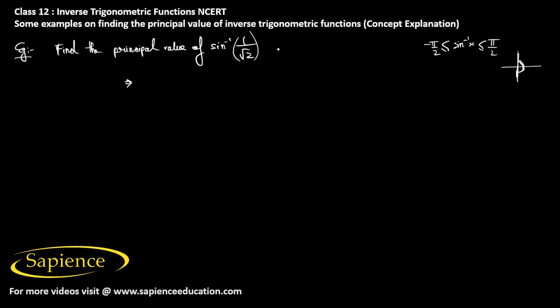Since it is having a positive value: in the fourth quadrant it will have negative value, and in the first quadrant it will have positive value. Since 1 by root 2 is positive, the answer should come in the first quadrant, which means it should be from 0 to pi by 2. Therefore, let sine inverse 1 by root 2 be equal to y, then sine y is equal to 1 by root 2.